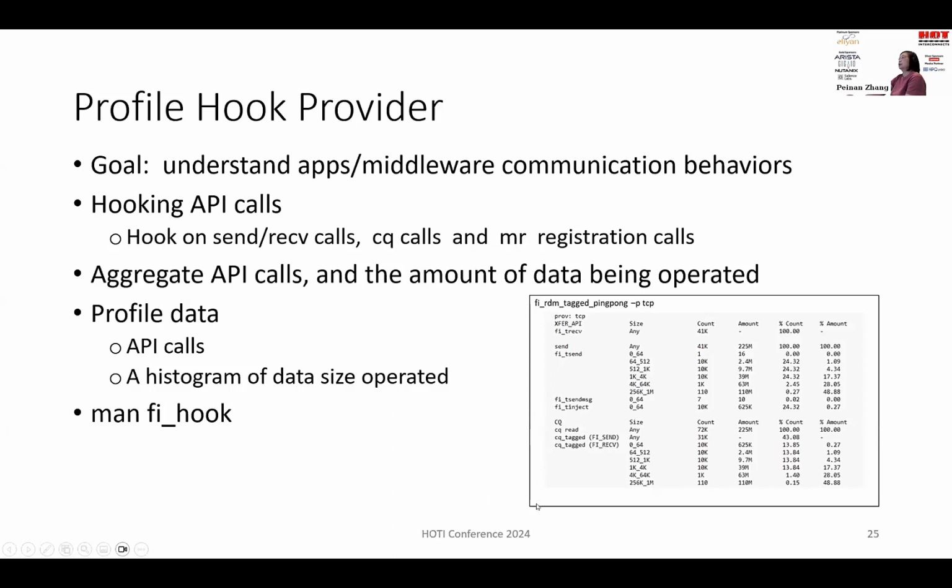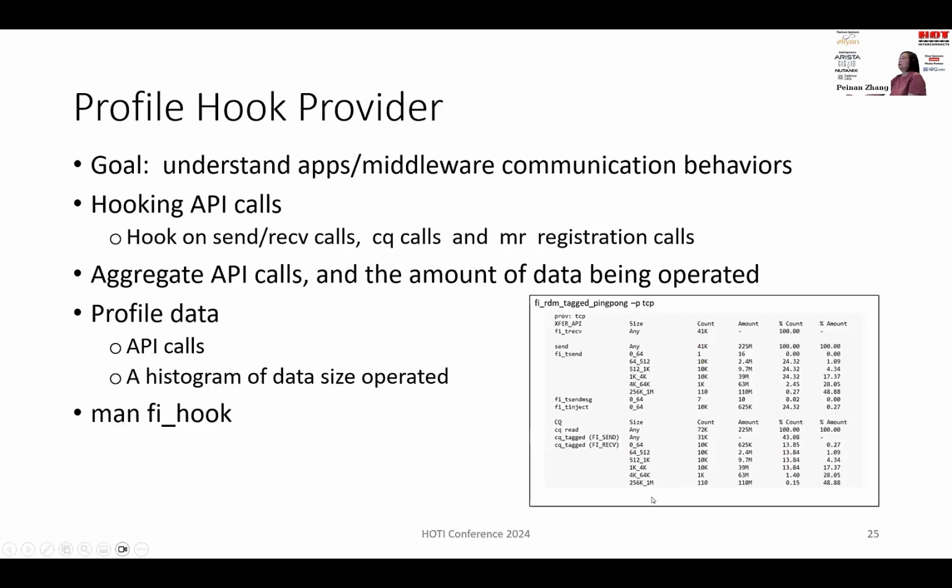So this screenshot shows the profile data from Peinan, where it uses the TCP provider with a text message. The first column shows the send, receive and completion APIs being used in this example.